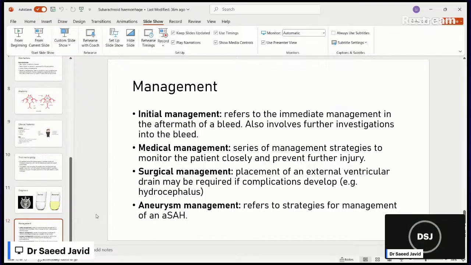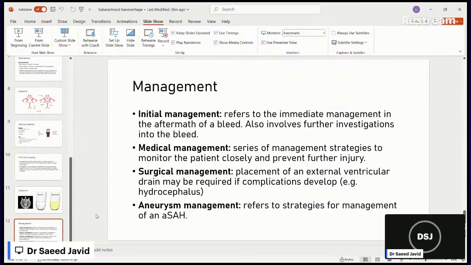But more to do with the medical management are things such as the re-rupture. So patients need to be given analgesia, antiemetics to prevent them from valsalvaing. So if they valsalva, meaning if they cough or they sneeze, that can oftentimes raise the intracranial pressure. And so oftentimes we do give antiemetics to stop them from vomiting and increasing the intracranial pressure and actually preventing rebleeds and things like that.